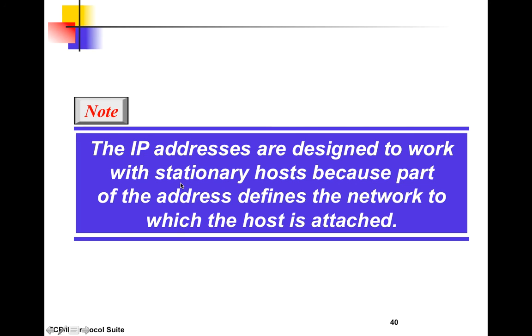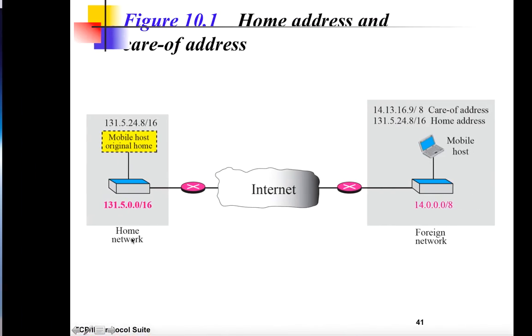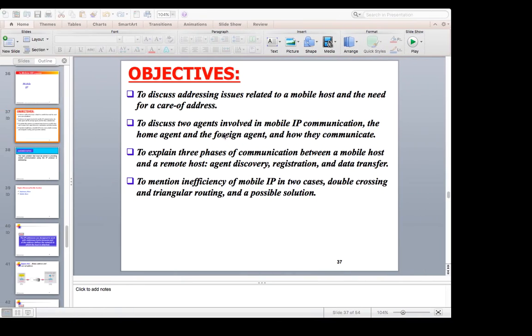But when it moves, we face the problem because now there is a danger of connection loss, because the remote host does not know about this change in IP address.